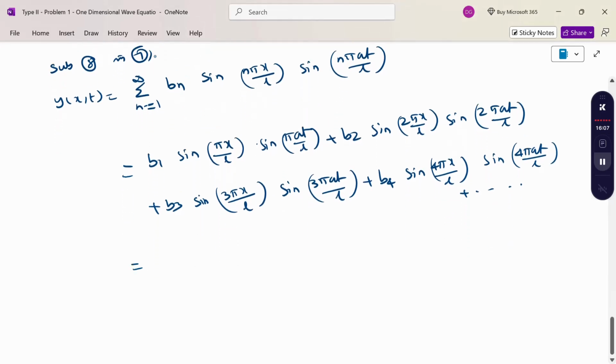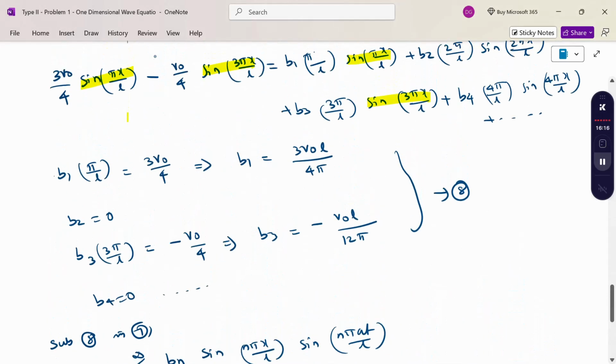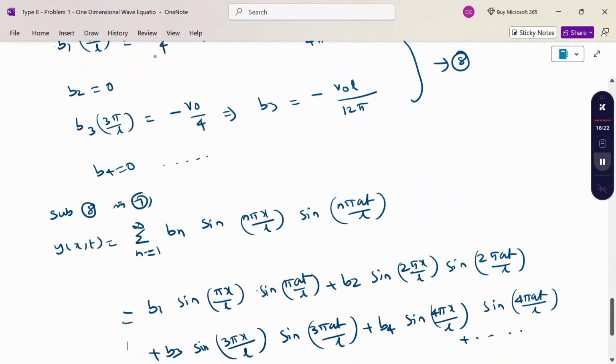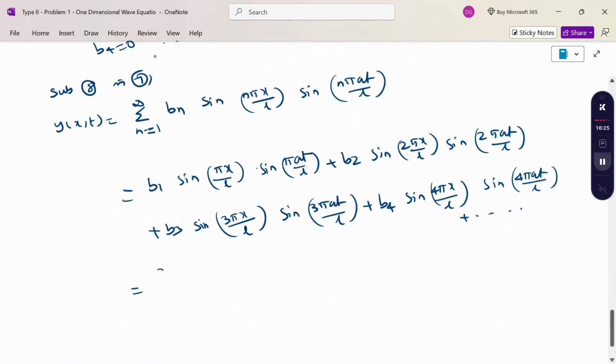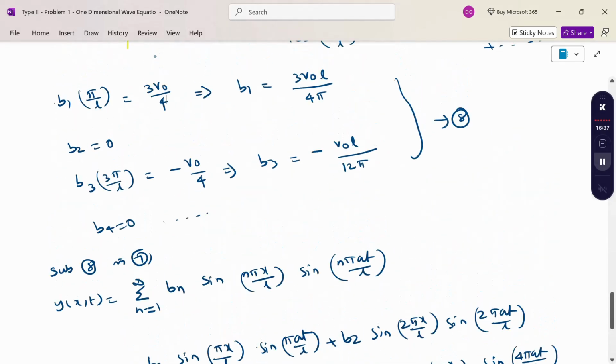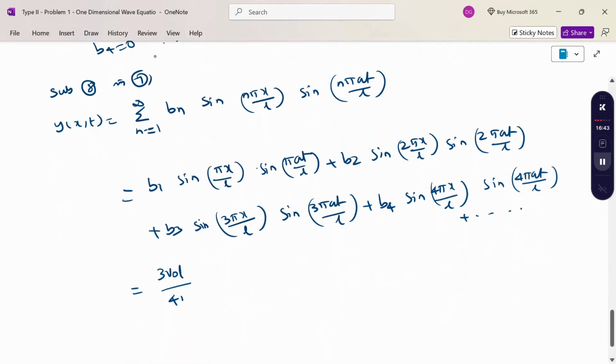Now substitute the 8th equation in the 7th. What is the b1 value? b2, b4 are 0, and b1 is 3 v naught L by 4 a pi, so the first term is 3 v naught L by 4 a pi sin(pi x by L) sin(pi at by L).